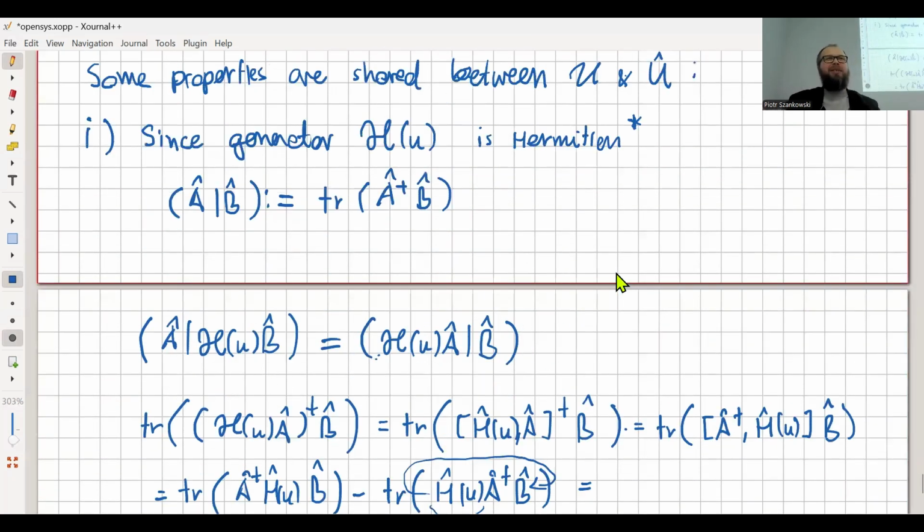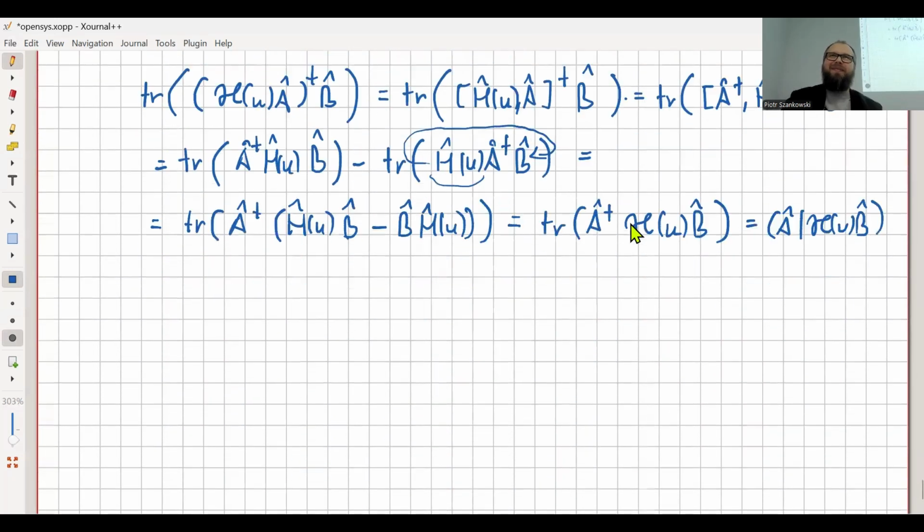But if curly H is Hermitian, it's the generator of the time-ordered exponential. This means that the time-ordered exponential has to be unitary. If you recall how we showed unitarity of the evolution operator, which is a time-ordered exponential generated by a Hermitian generator, the proof would just transfer.